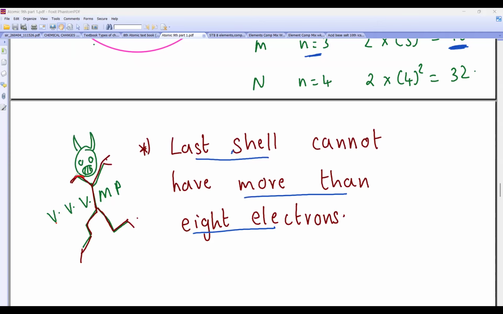Very important. Last shell cannot have more than 8 electrons. Please write this. Very important. Don't draw, write this. Last shell cannot have more than 8 electrons.